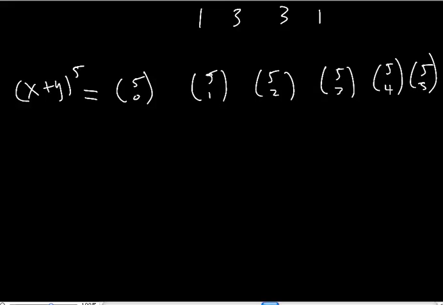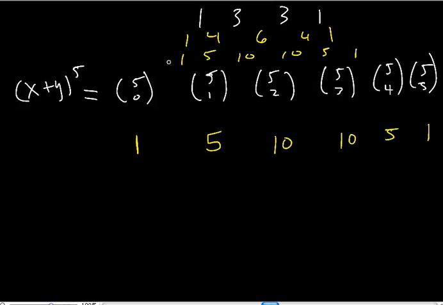These are combinations. I was saying them wrong. So if you look at the triangle, the row is 1, 5, 10, 10, 5, 1, right? Because the triangle will go 1, 4, 6, 4, 1, and then 1, 5, 10, 10, 5, 1. Just like I have written out here, okay?